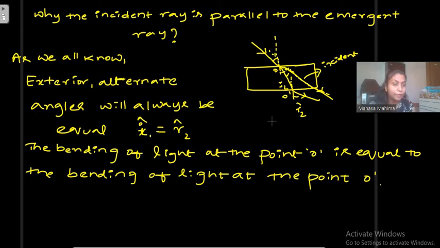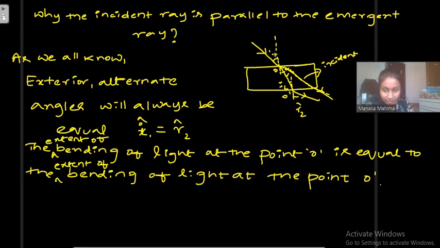As a result, we are seeing that the incident ray is parallel to the emergent ray. Okay, the extent of bending of light at the point O is equal to the extent of bending of light at the point O prime. That is the reason why we are seeing the incident ray is parallel to the emergent ray.